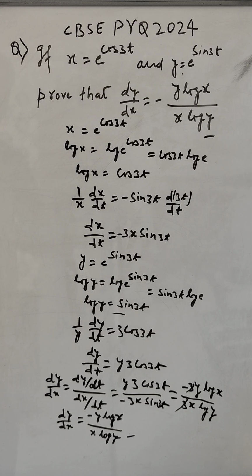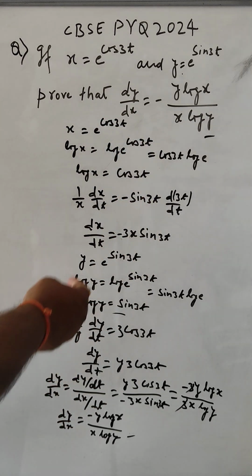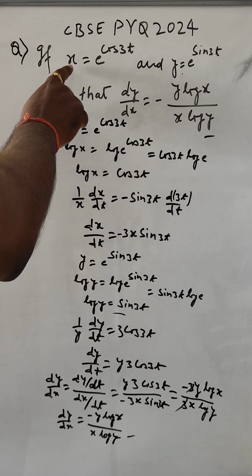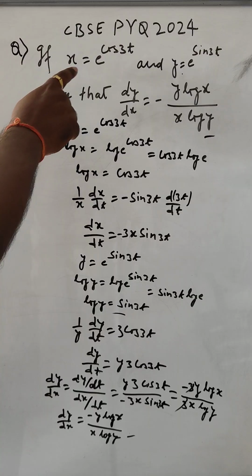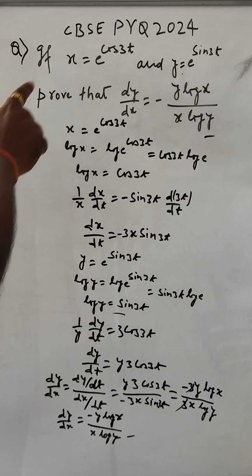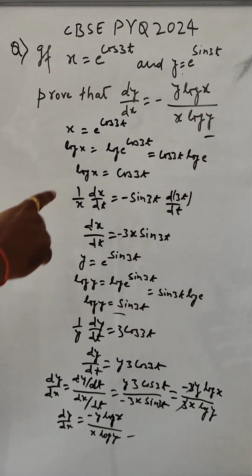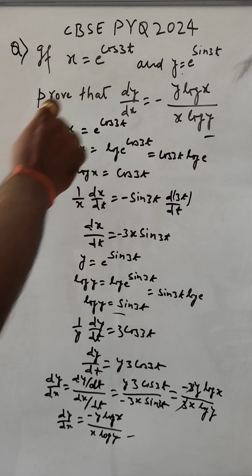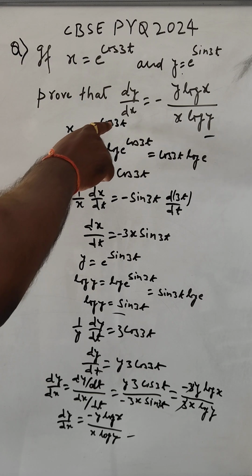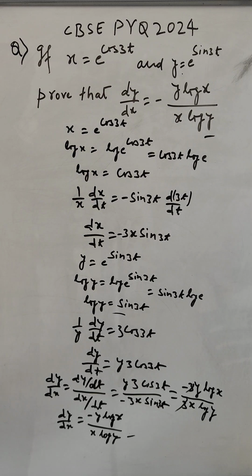But here we have to focus and understand why we followed this process. It is given that x and y are in terms of t, so we have to differentiate x with respect to t, and y also with respect to t. When it is given like e to the power something, then we have to take the log.